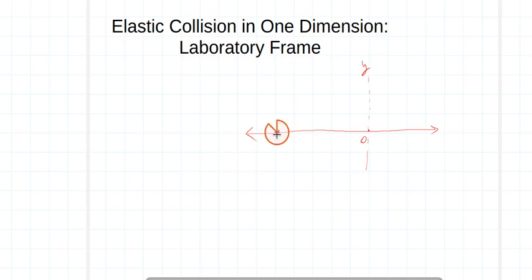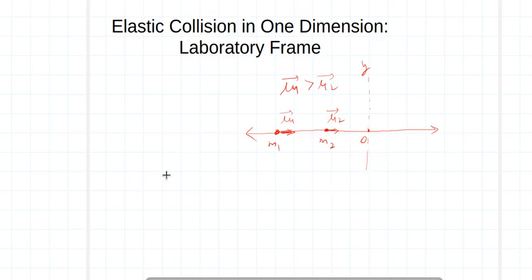Initially, one particle is at this point and it is moving along the positive x direction with velocity u1. There is another particle whose mass is m2 and it is moving along the positive axis with velocity u2, assuming that u1 is greater than u2, and say this is the origin of the laboratory frame of reference.